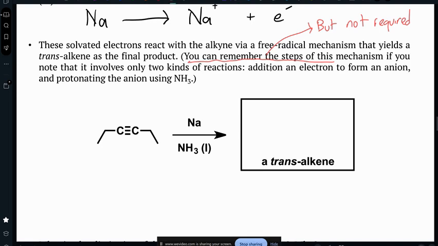I'm going to take my dissolved electron, which I'll just write as a dot, and that is going to plop itself down on one of the carbons. That's going to break the carbon-carbon bond and create a radical on the other carbon.